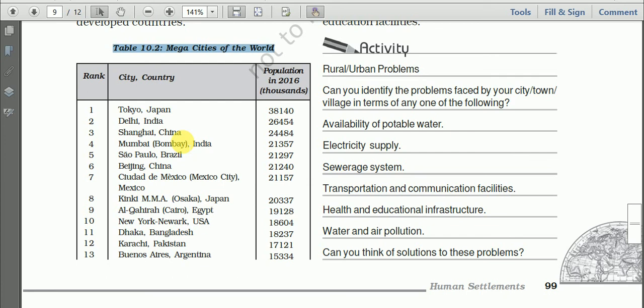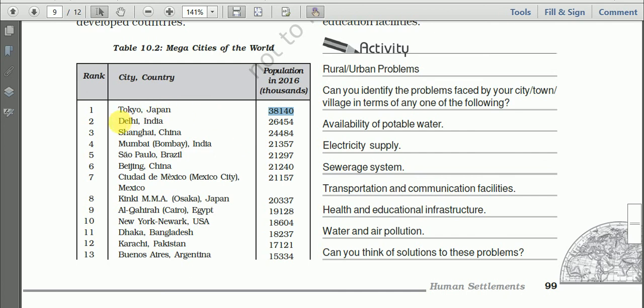Identification on the outline map of the world is asked every year. When you see this table, we find that Tokyo in Japan is the largest megacity in the world. It has a population of 38,140,000, that is around 38 million.